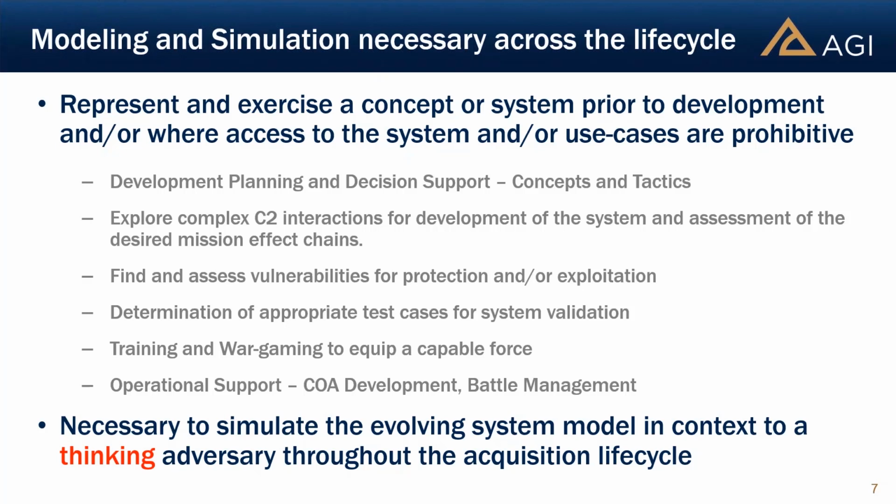As we look at the more detailed design, where we have complex C2 interactions, so really looking at, again, the dynamicism, the tipping and queuing, mission effect chains, we need simulation. And as we start to look at vulnerabilities for either exploitation or protection, again, simulation is necessary, because it's one thing to understand the high-level requirements at a high-level design, but until we're actually looking at how the system operates, we're not going to know where those vulnerabilities exist.